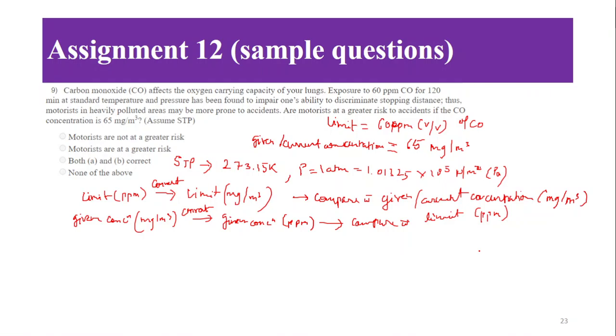So given concentration is 65 milligram of CO in 1 meter cube of air. Okay, so in 1 meter cube of air, how many moles of CO will be there?